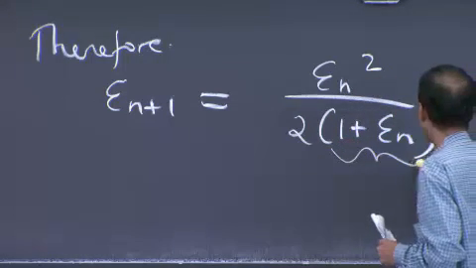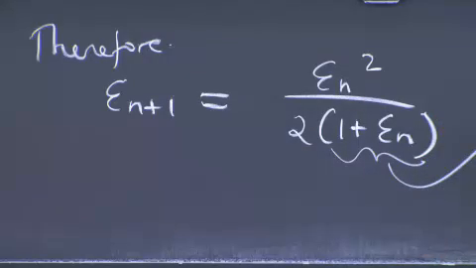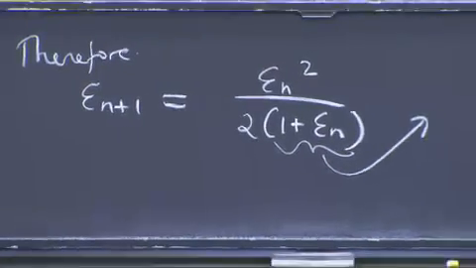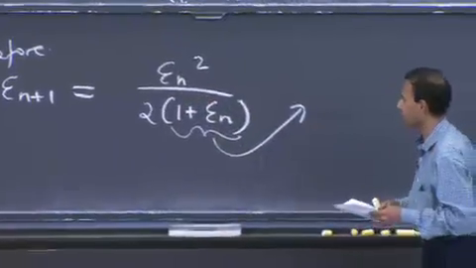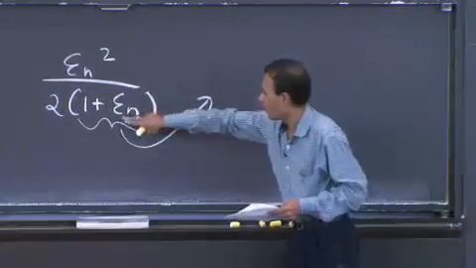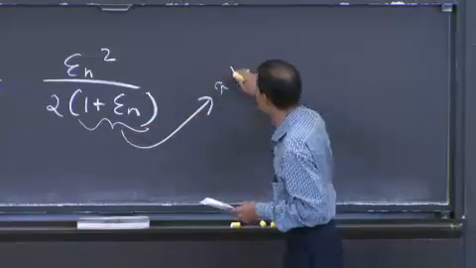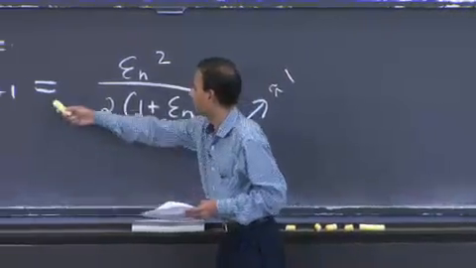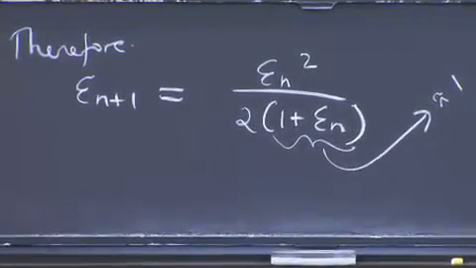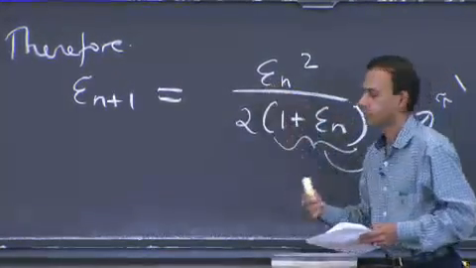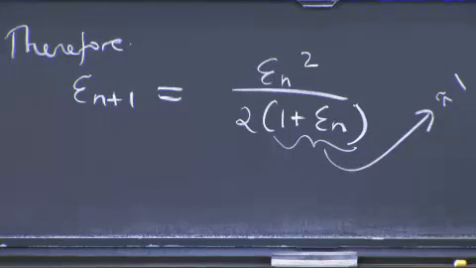And this part here, as n becomes large, epsilon n is going to go to 0, assuming a decent initial guess. And so you can say that this is essentially 1, which means you have this quadratic rate of convergence where the error, which is a small quantity, is getting squared at every iteration.